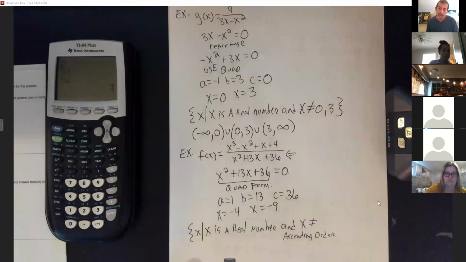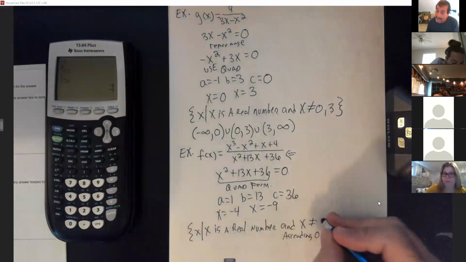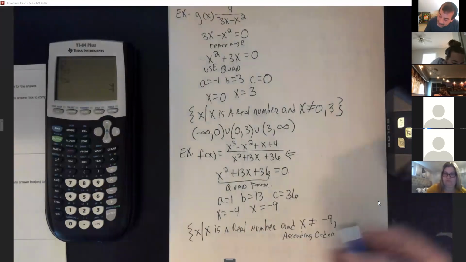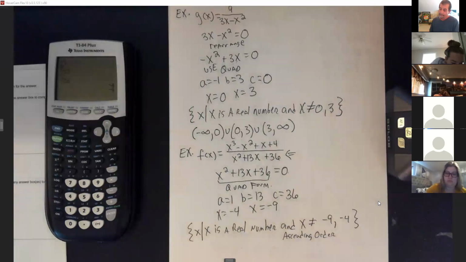Ascending order means going from the smallest number to the highest number. So my answers were -4 and -9. The smallest number would be the -9, so it's got to go first, and then the -4 has to be second. Okay? So if you put your answers in and that's wrong, then rearrange them and try again, okay?